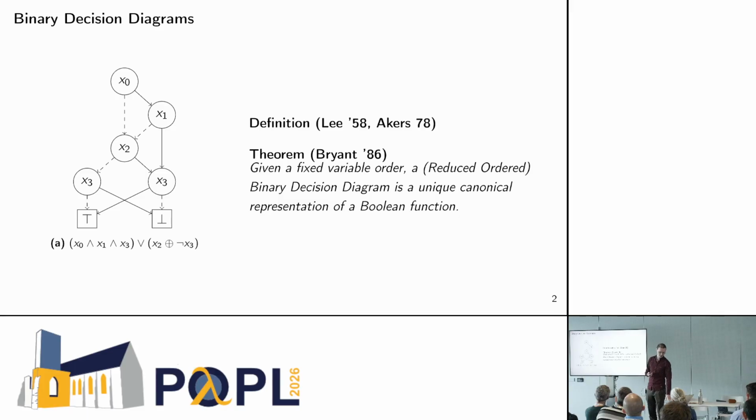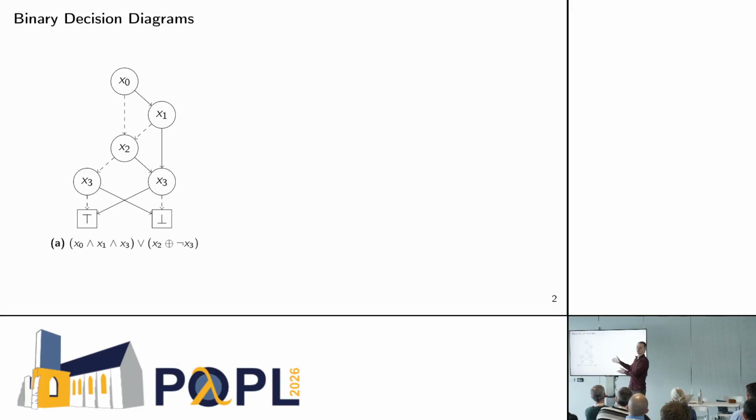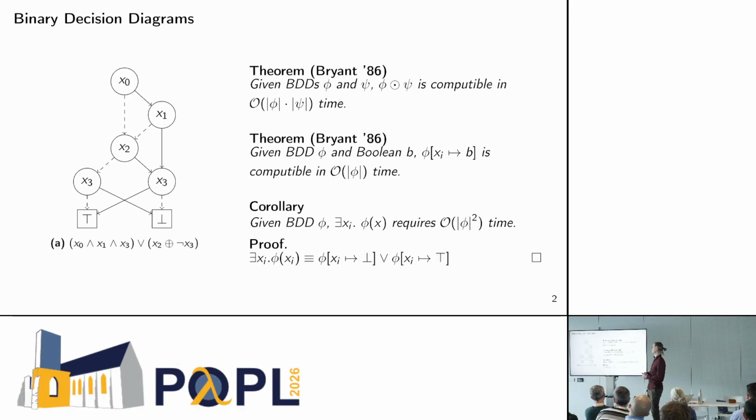Another nice thing that comes out of having the ordering fixed is that the algorithms themselves are very simple to implement and to analyze. This gives us some really nice complexities in terms of performance.